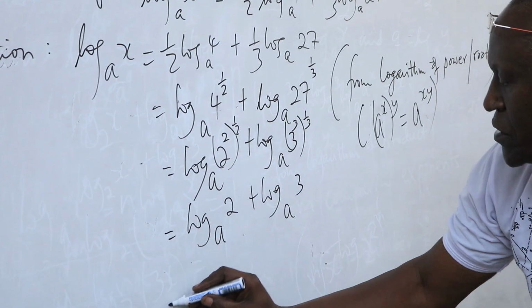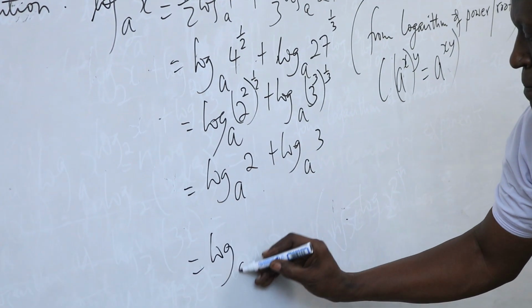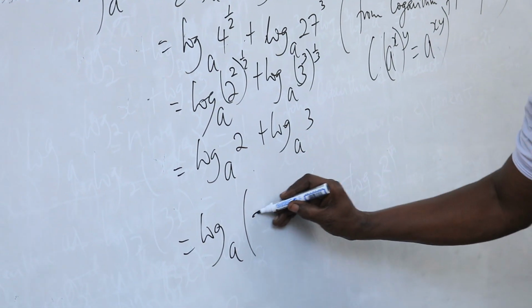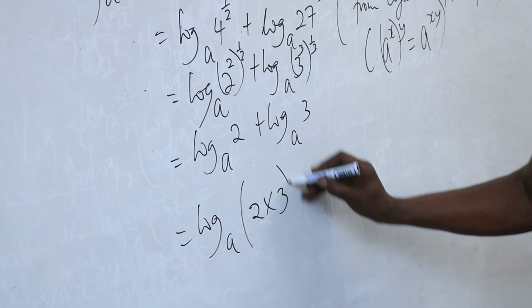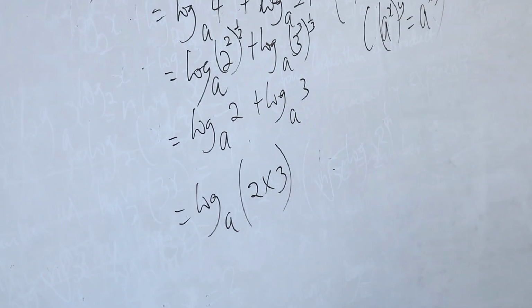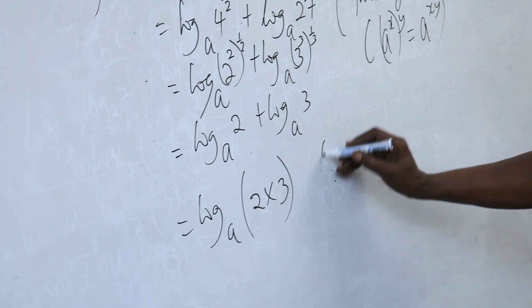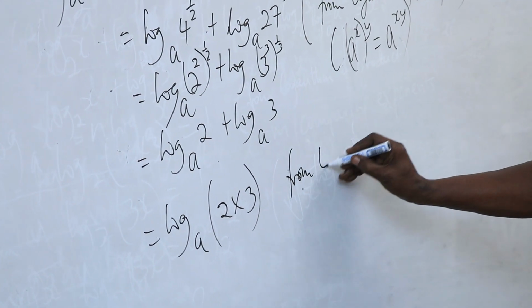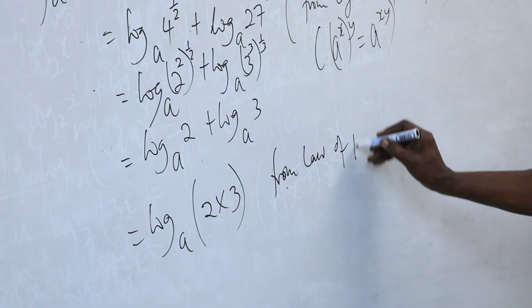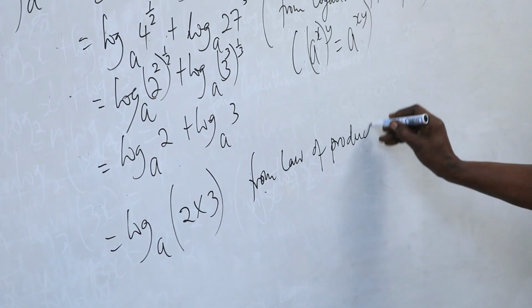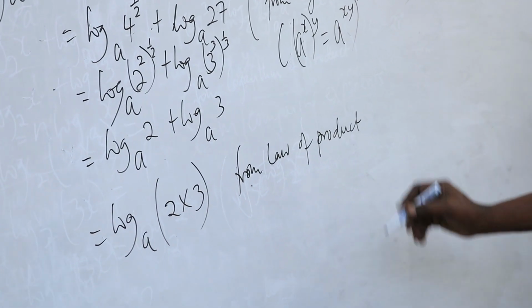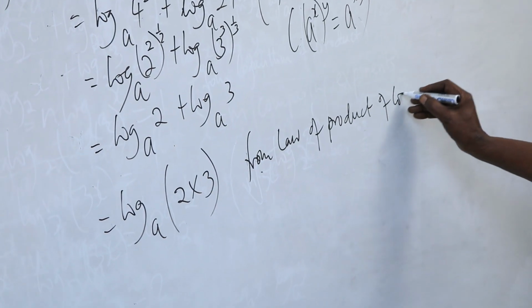And now this, we can combine them using the law of product as 2 times 3, from the law of product, or from the logarithm of a product.